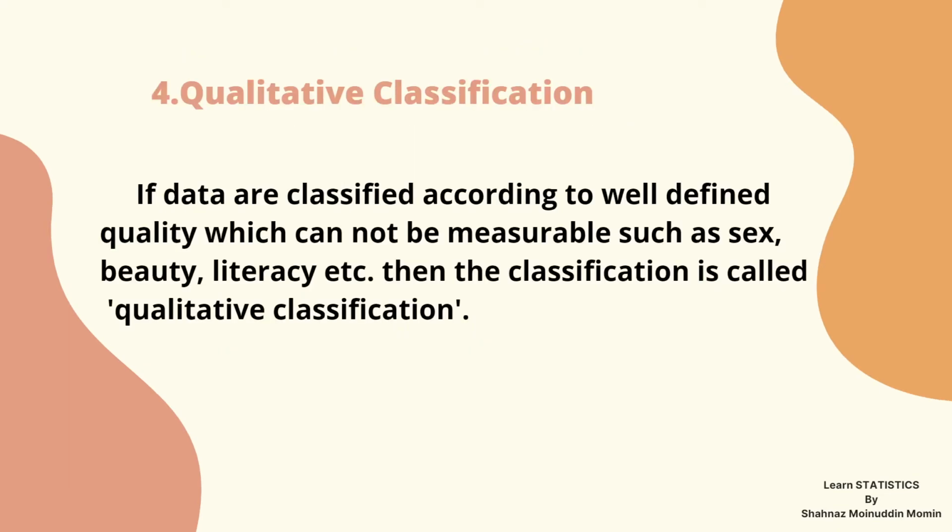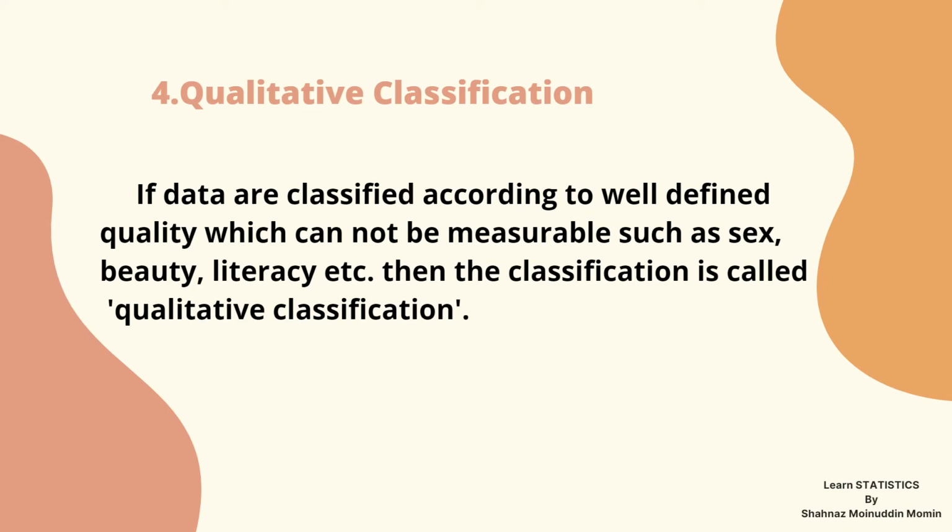Now, the fourth type of classification is qualitative classification. If data are classified according to well-defined quality which cannot be measured, such as sex, beauty, literacy, etc., then the classification is called qualitative classification.